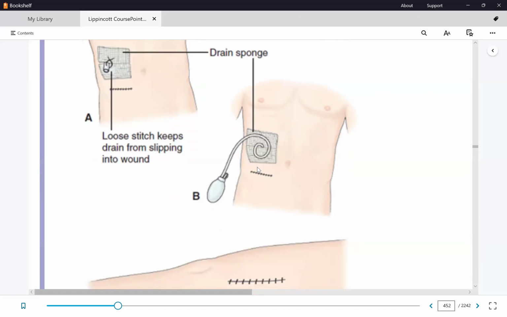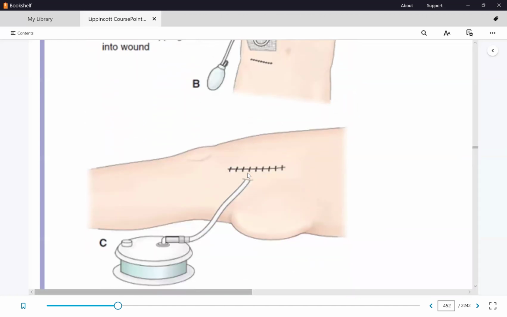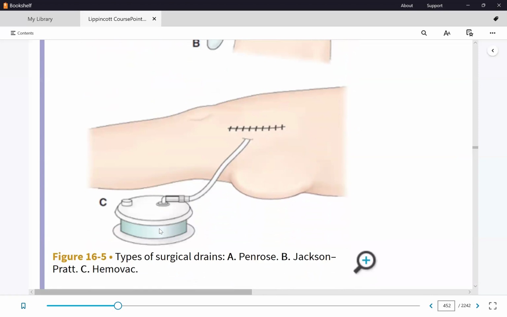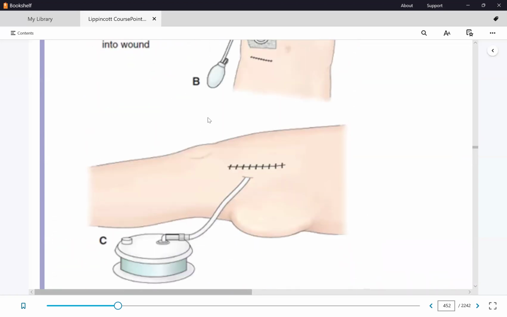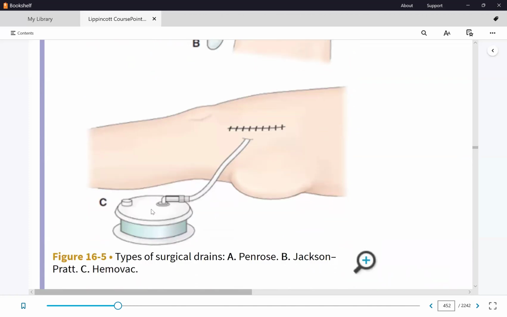This is called a JP. JP is a passive suction type of drainage, meaning for this to work, you have to compress the bulb before closing it. That way it will apply passive suction on the incision. Hemovac drain is the same as a JP or Jackson-Pratt. This is also passive suction.